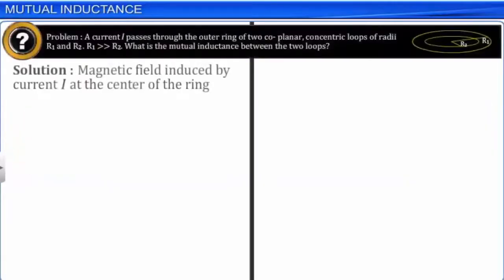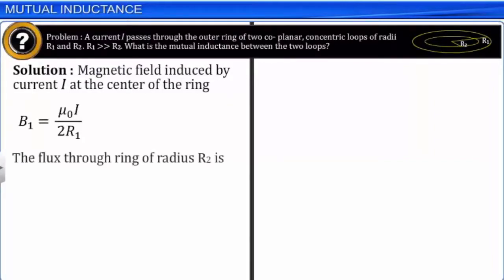The magnetic field induced by a current I at the center of the ring of radius R1 is B1 equal to mu naught I by 2R1. The flux through the ring of radius R2 is given by Phi21 equal to B1 A2. This implies that Phi21 is equal to mu naught I by 2R1 into pi R2 square.